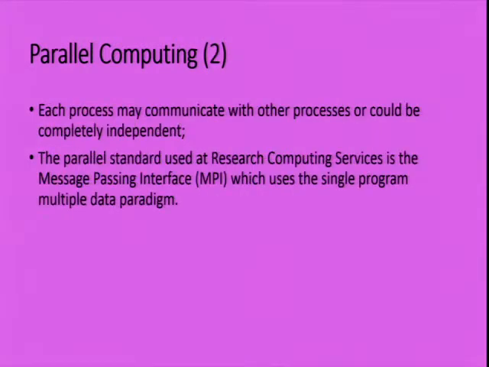However, parallel applications do require some inter-process communication, or they could be completely independent. Again, another example is each process processing its music file. That can just be done without any inter-process communication. The parallel standard used by the research computing group is the Message Passing Interface, and that uses this SPMD paradigm. A lot of applications use MPI.